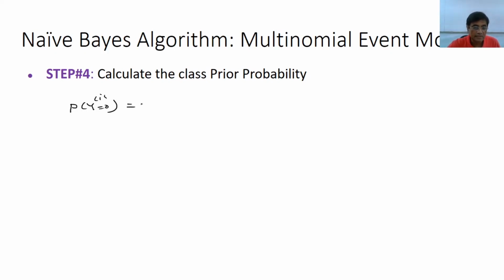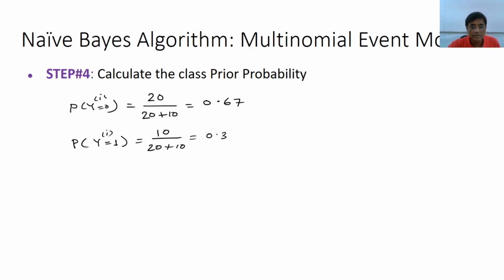Okay, so what is the probability, right? Here in case of normal mail, you have 20 normal mail out of total 30 mail. So class prior will be 0.67. Class prior for spam class will be 0.33.